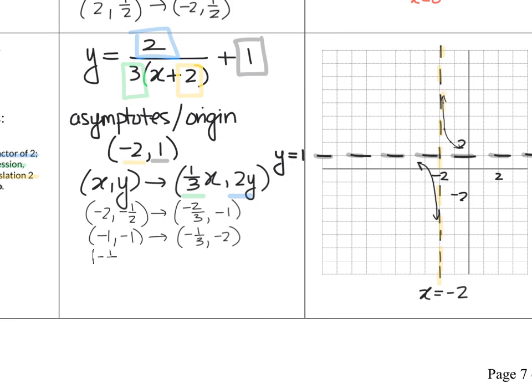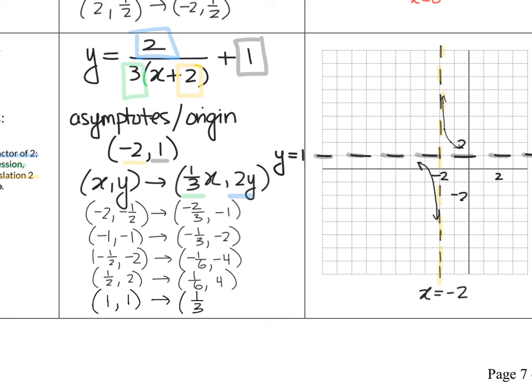The negative half, negative 2 will turn into negative 1/6, negative 4. Half, 2 will turn into 1/6, 4. 1, 1 is going to turn into 1/3, 2, and then 2, half is going to turn into 2/3, 1.